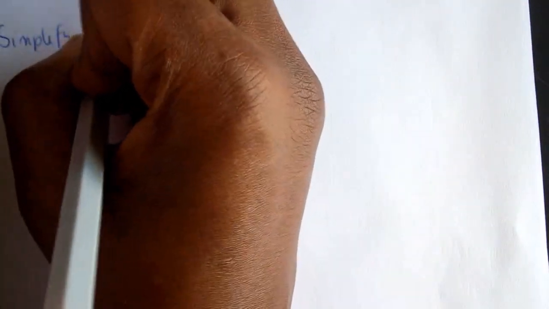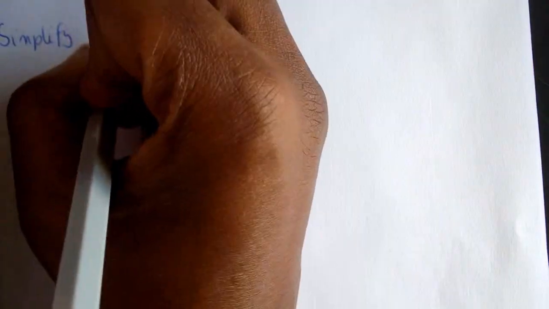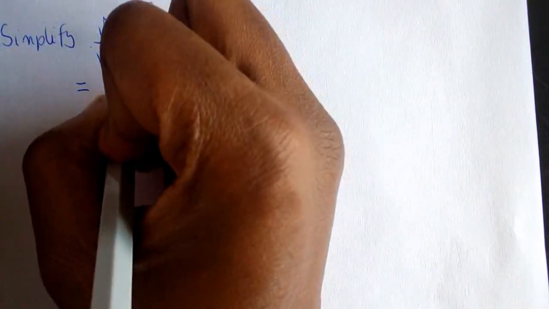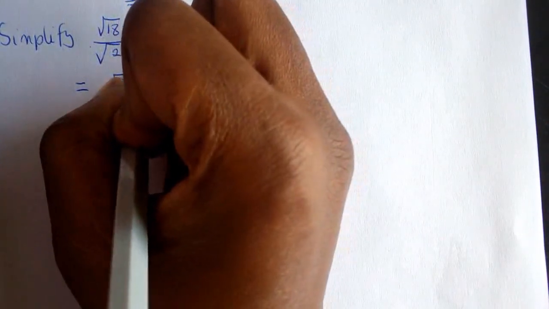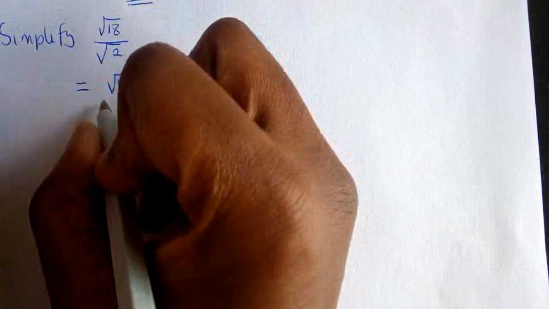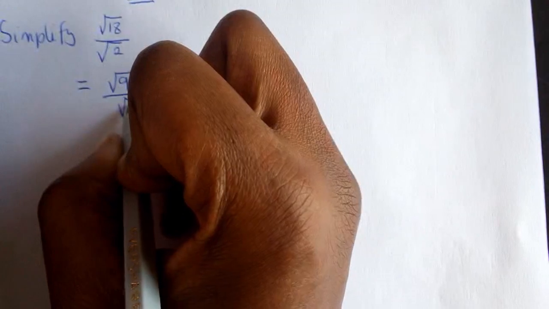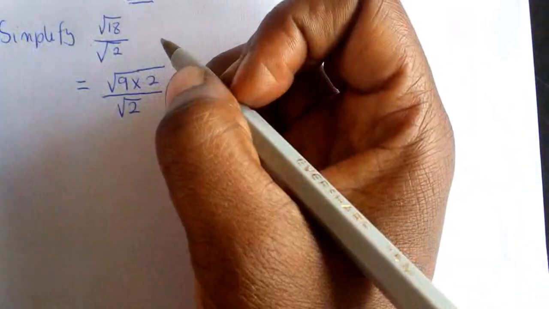Another example, simplify square root of 18 over the square root of 2. This is equal to the square root of 9 times 2, since 9 is a factor of 18 and it is also a square of a number, over a square root of 2, like this.